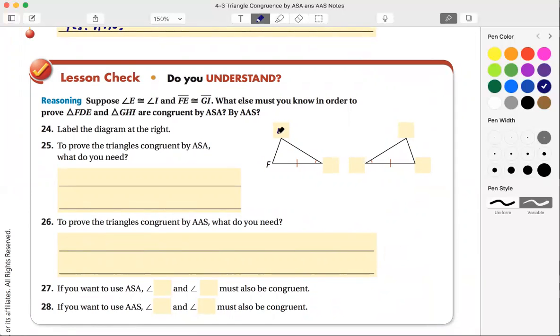So this must be D, this must be E, this must be I, this must be H, and this must be G. So I need two pairs of congruent angles and a pair of non-included congruent sides.